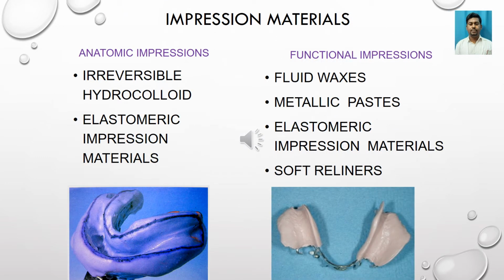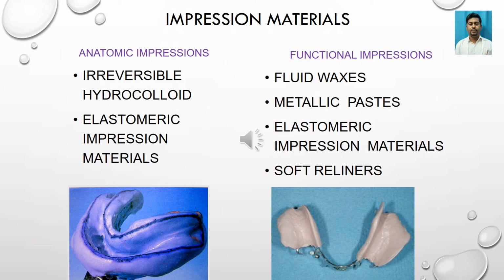The special impression techniques are also called dual impression techniques because we use two different types of materials to complete one impression. For anatomic impressions, that means recording the tissue undisplaced or at rest, we use either alginate or elastomeric impression materials.